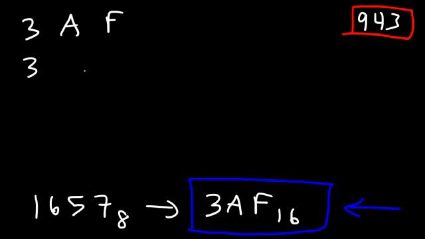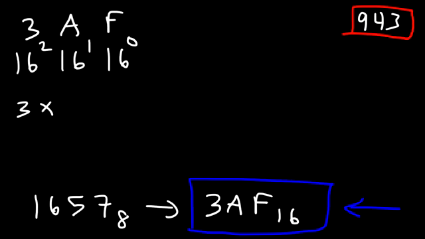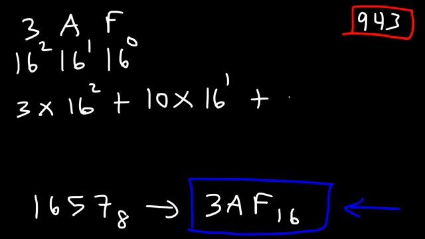Now we said A corresponds to 10, but first we're going to multiply F by 16 to the 0 power, A by 16 to the first power, and 3 by 16 squared. So we're going to have 3 times 16 squared, and we can't do A times 16 to the first, but A corresponds to 10, so it's 10 times 16 to the first power. F corresponds to 15, so it's 15 times 16 to the 0 power.